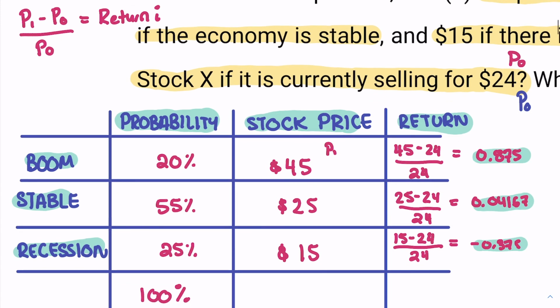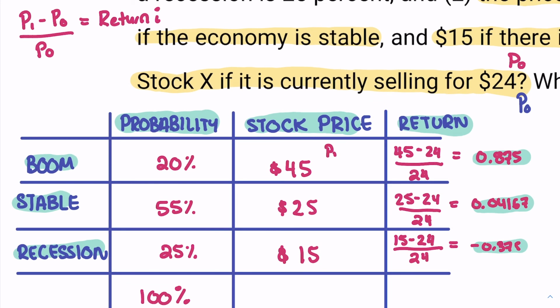And that's going to give us that our expected return for our data set is 0.1042, i.e. 10.42%.